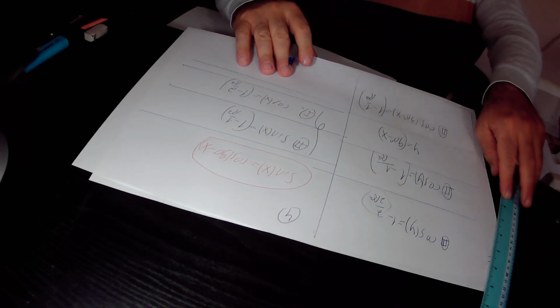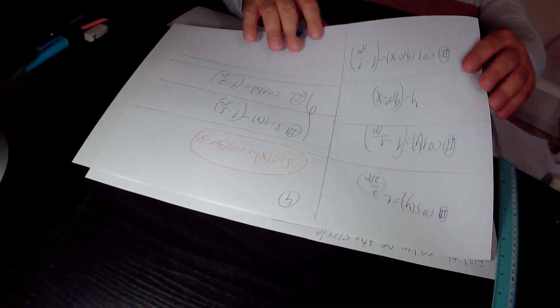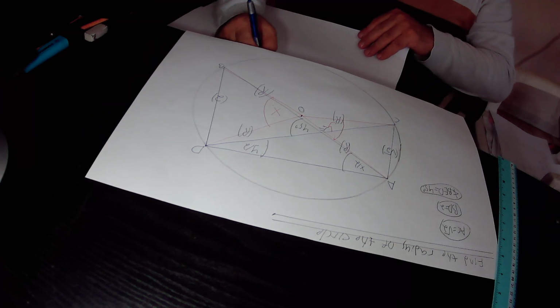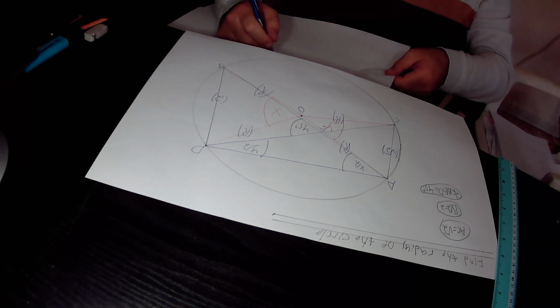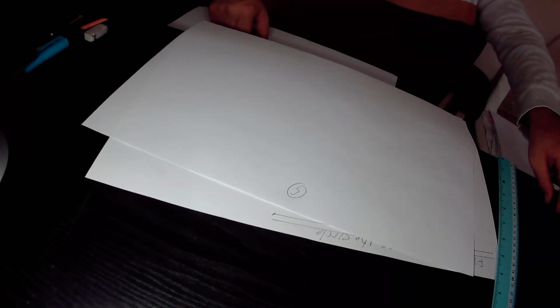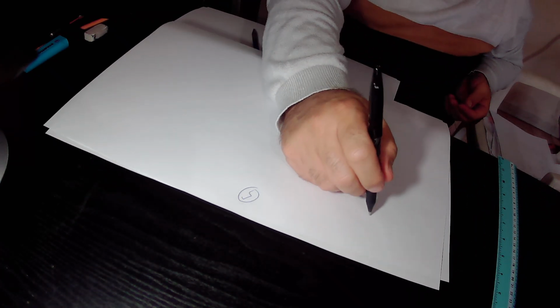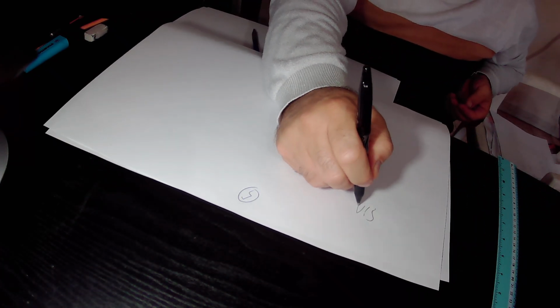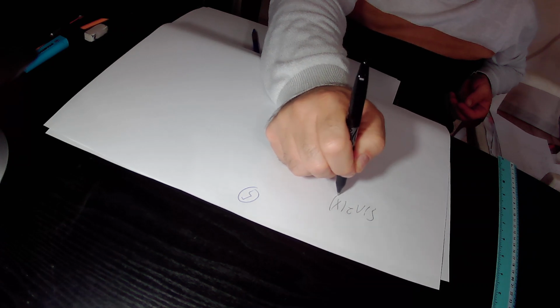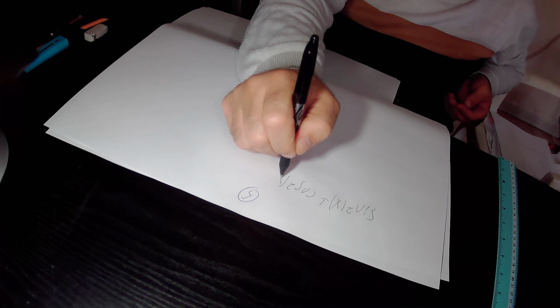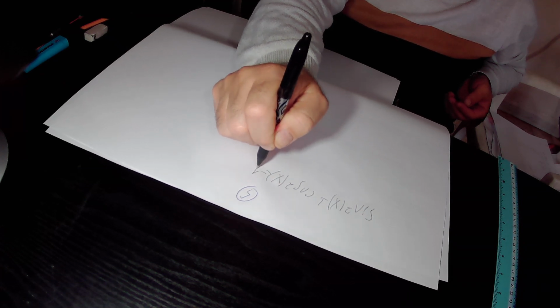But we also have the trigonometric identity that states that sine square x plus cosine square x equals 1.